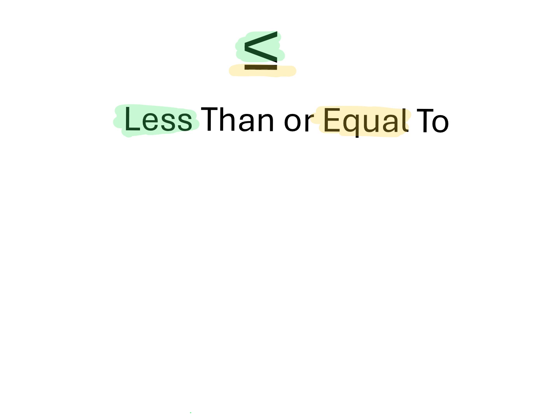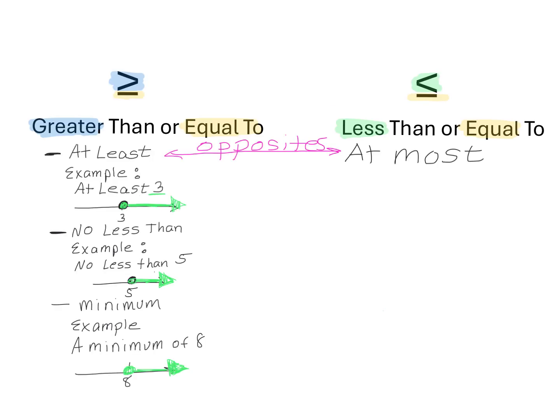Less than or equal to can also have some expressions that are a little bit hard, but it's okay. We can do this. One of the expressions is at most, which is the opposite of at least.